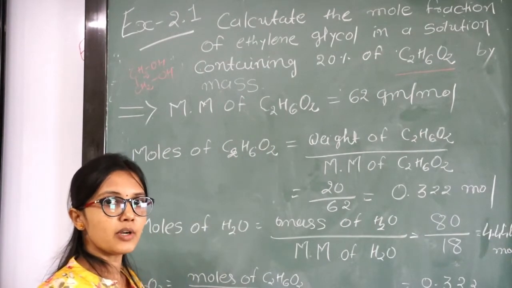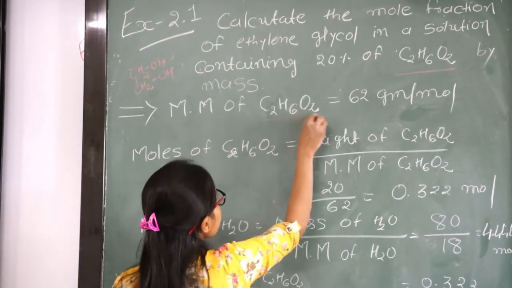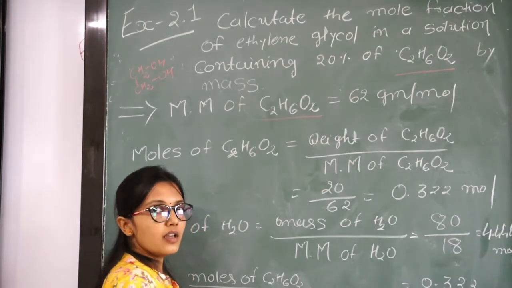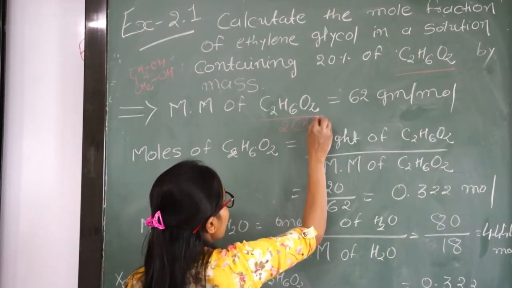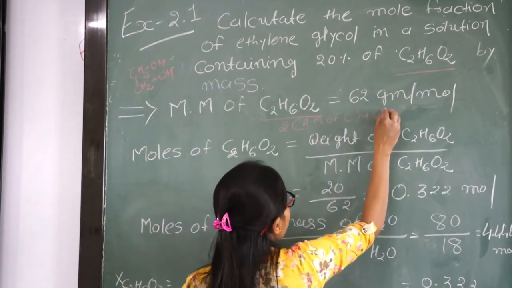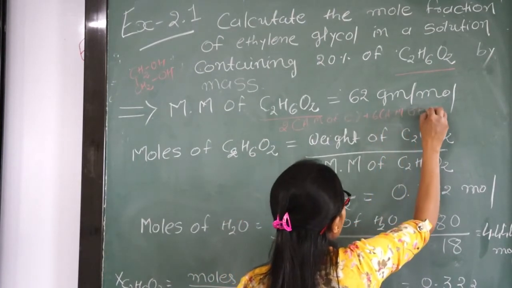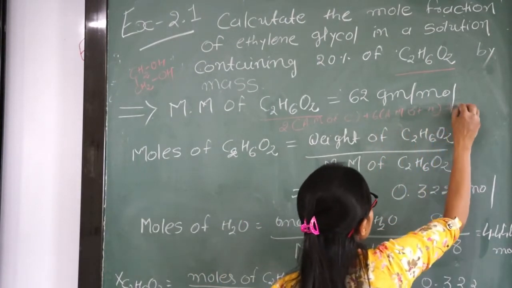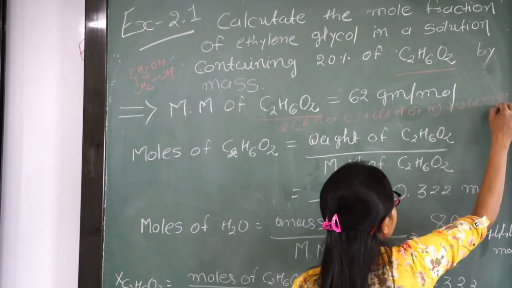How to calculate molar mass? Its formula is C2H6O2. Then 2 in bracket atomic mass of carbon, plus 6 in bracket atomic mass of hydrogen, plus 2 in bracket atomic mass of oxygen.